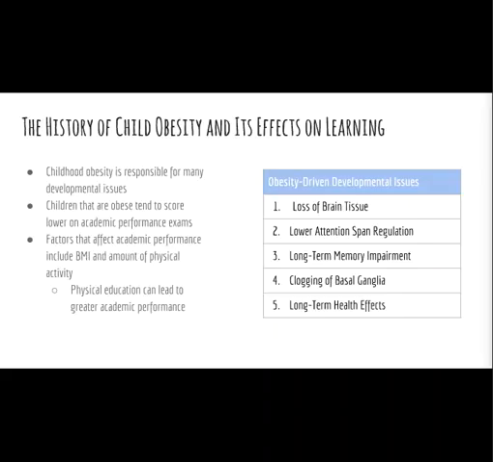Not only that, but it does have long-term effects on the children as they develop. If they continue to be obese, they can suffer heart failure, clogging of arteries. They are at a higher risk of strokes, and so forth. So this is an issue that many professionals claim needs to be attacked early on.